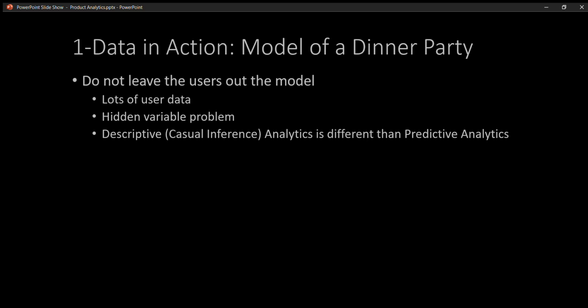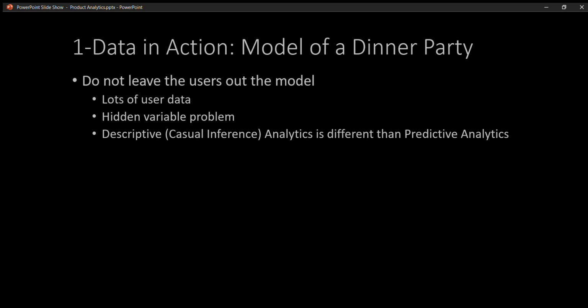We have to understand that causal inference does not benefit from having a huge amount of data. It is basically experimenting using two situations, called A/B testing, where a small number of people, randomly selected, are given a certain scenario which you want to test, and other people are not given that scenario.